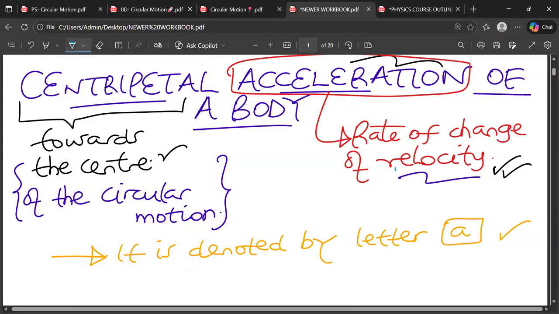I want you to tell me, this one is what? I was asking you the unit of velocity and that of acceleration.